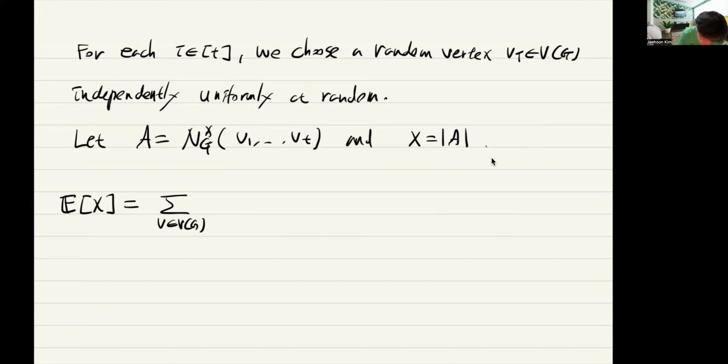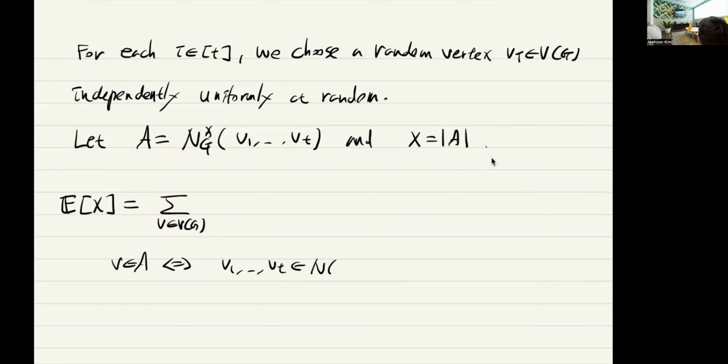So for each B, you can compute the probability that this B is in A. What's the probability? B is in A is the same as B1 to BT are all in the neighborhood of this B. So the probability of this is N over the size of the neighborhood of B. That's for each Bi, and then they are independent, so you take the T power.